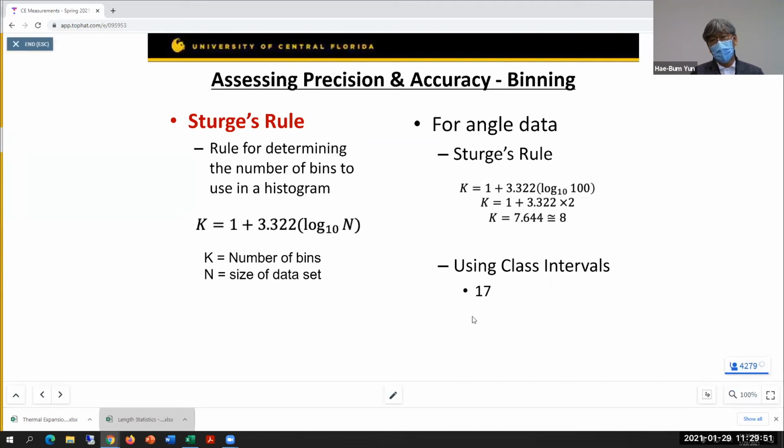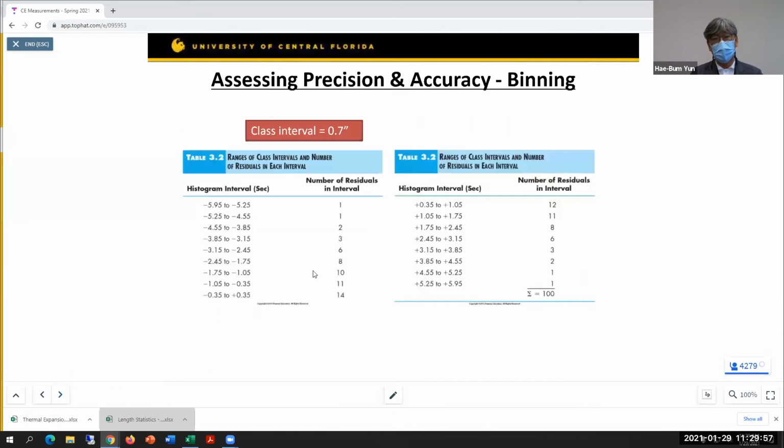When we used a class interval of 0.7 in our previous slide, how many bins did we have? If you use the first method, class interval of 0.7 seconds, you can count these bins, right?